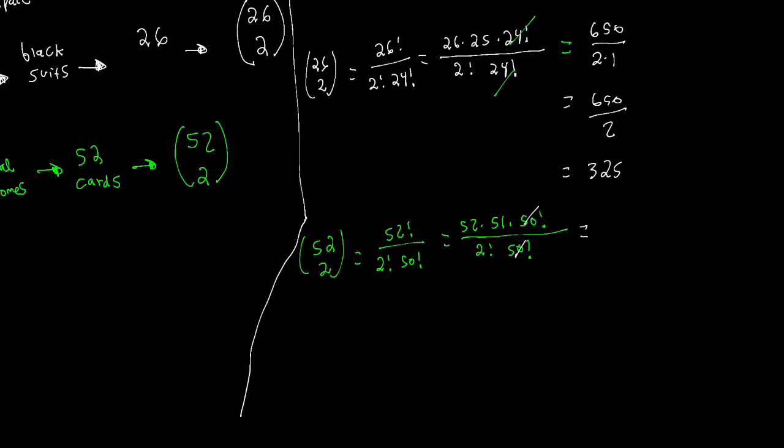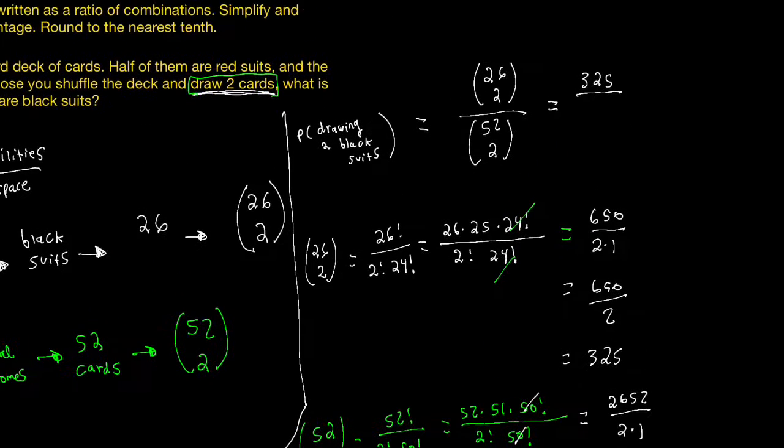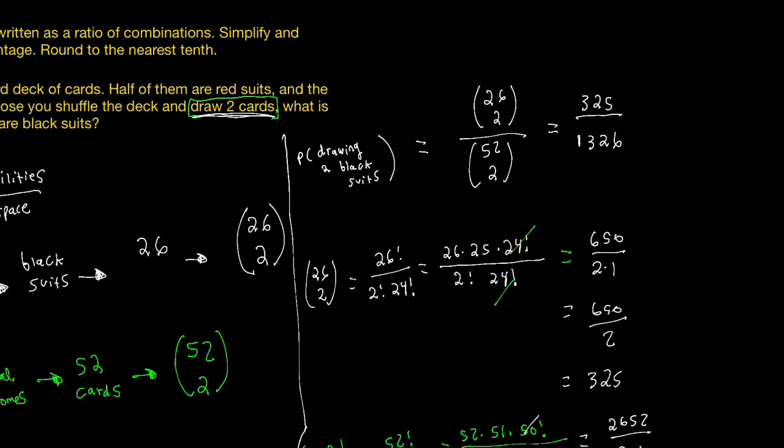So I get 52 times 51, which is 2,652. And then 2 factorial is the same thing as 2 times 1. So we get 2652 all over 2. And this is going to give me 1,326. So that's my denominator, 1,326.